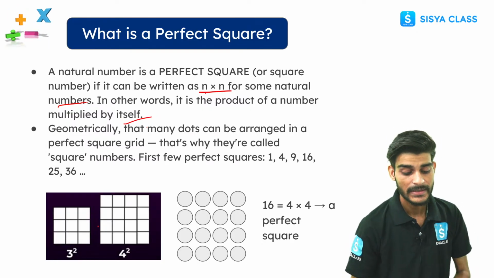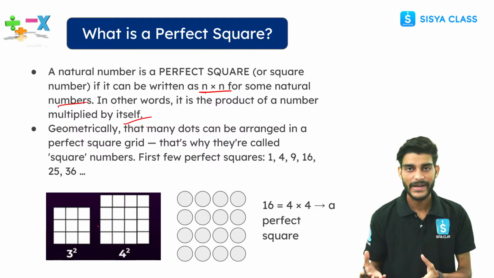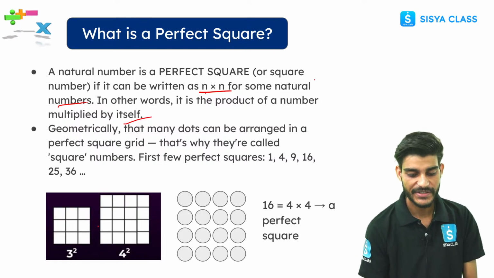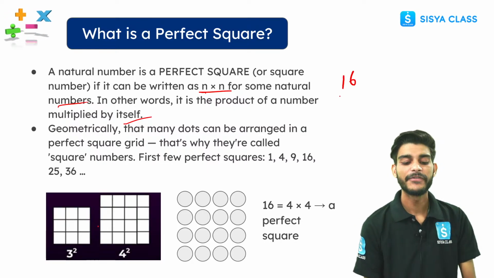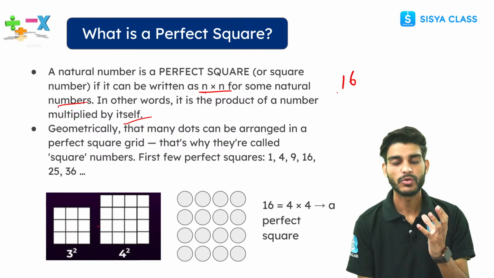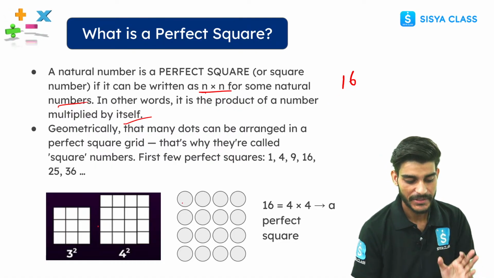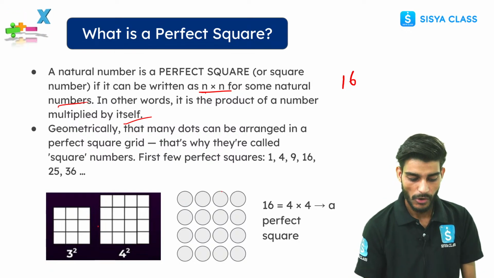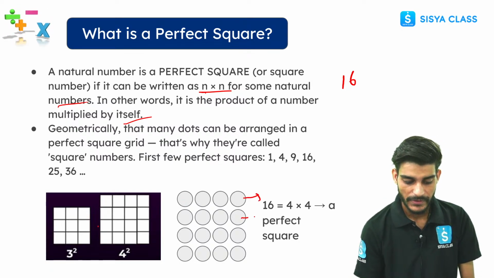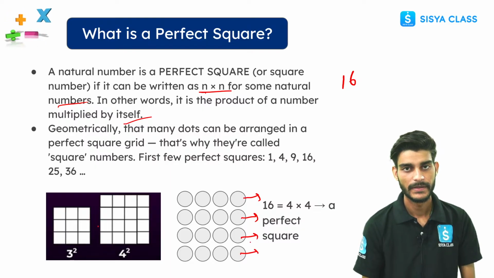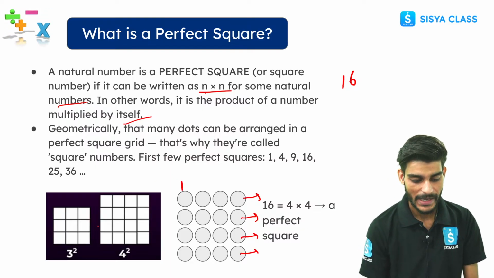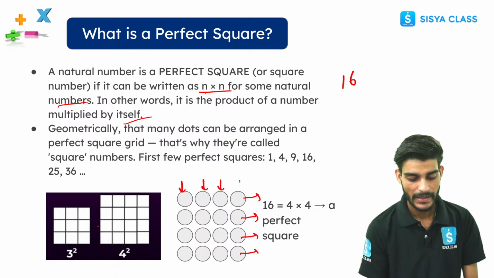Geometrical meaning is, suppose any perfect square we have. Let us suppose 16. If I arrange it in a square structure, like here if you observe, there are dots, 4 rows we have, 1, 2, 3, 4, right? 4 columns we have, 1, 2, 3 and 4.